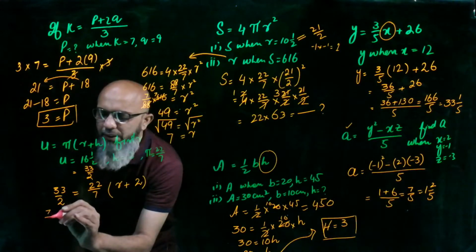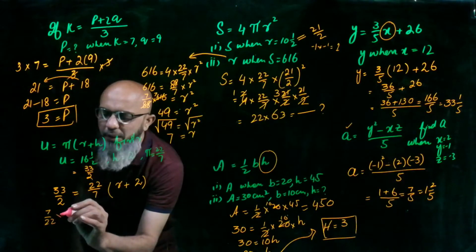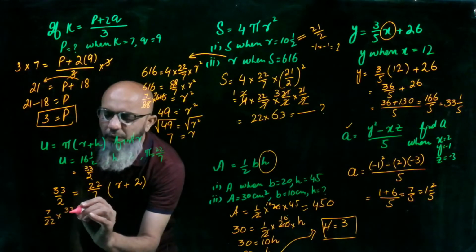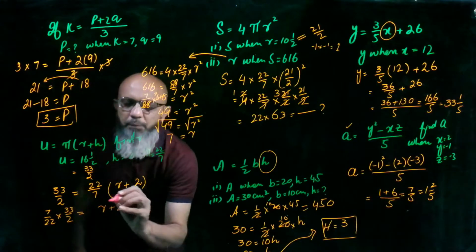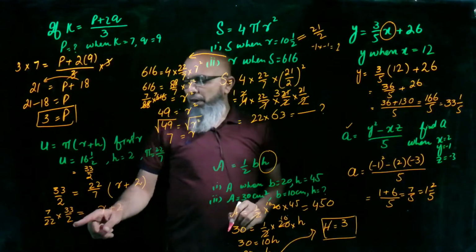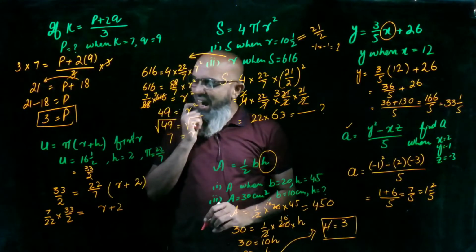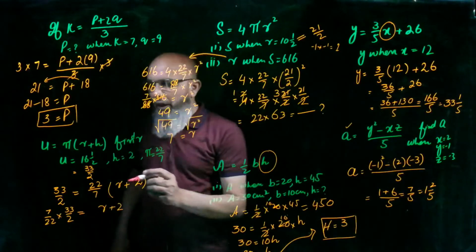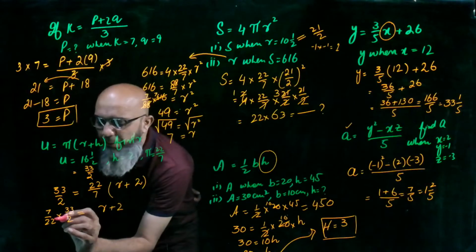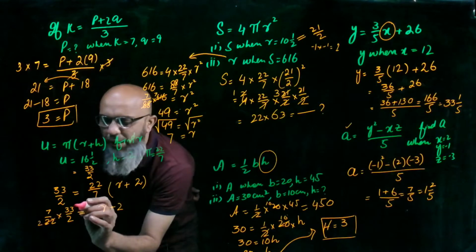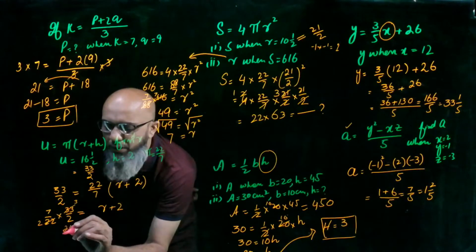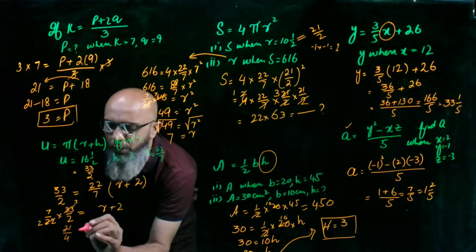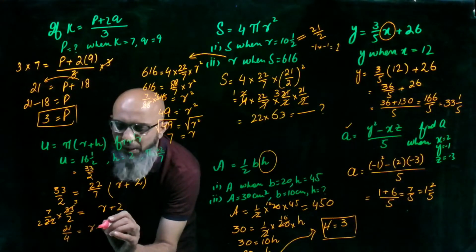Means 7 over 22 multiplied by 33 over 2 is equal to r plus 2, right? So you can multiply. Now what we do is cancel using the table of 11. So 11 2s are 22 and 11 3s are 33. So 7 3s are 21 over 2 2s are 4, that is equal to r plus 2.